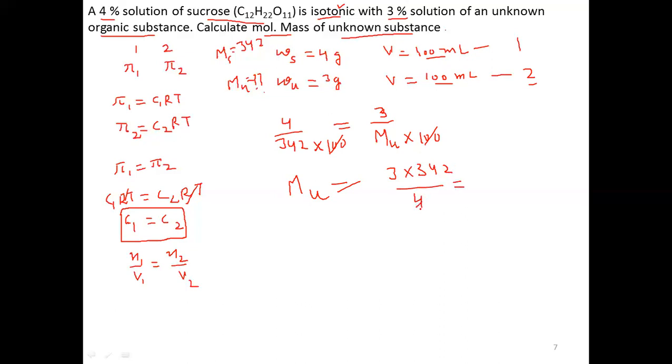So 2 into 2, this is 171. 171 into 3 is 513, divided by 2, it is 256.5 gram.